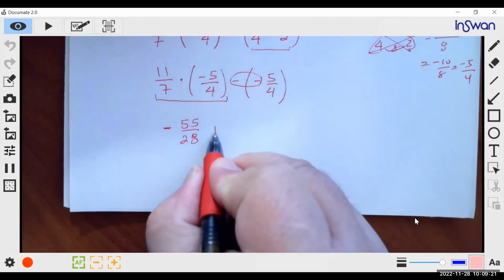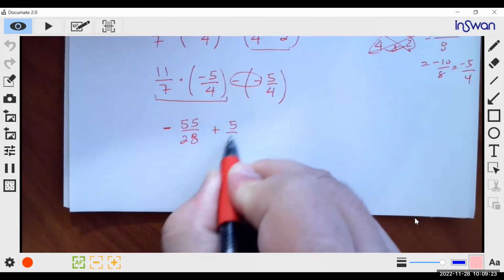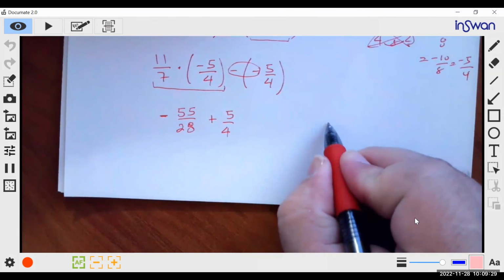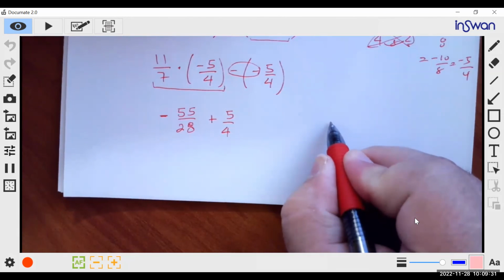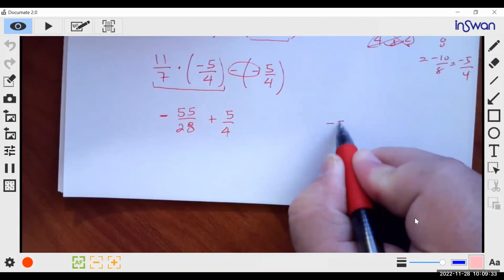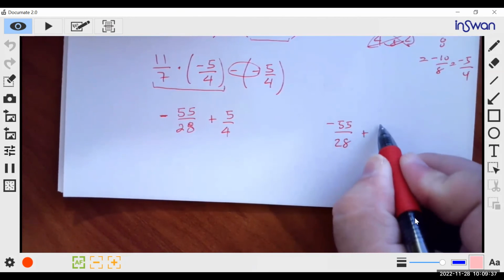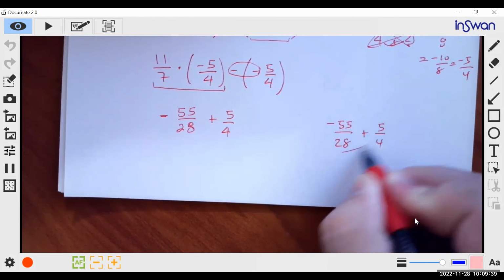Negative, negative is a positive. So we have a negative 55 over 28 plus 5 over 4.